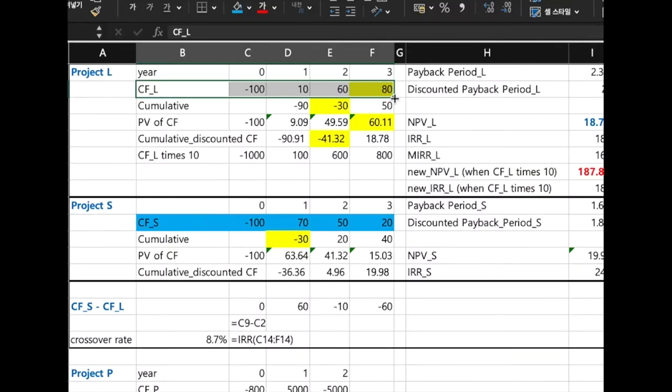In our example, for project S, at T1, the cash flow is 70, right? But project L, at T1, the cash flow is only 10. Project L's cash flow occurs later. At T3, they have 80, but project S, at T3, has only 20, right?